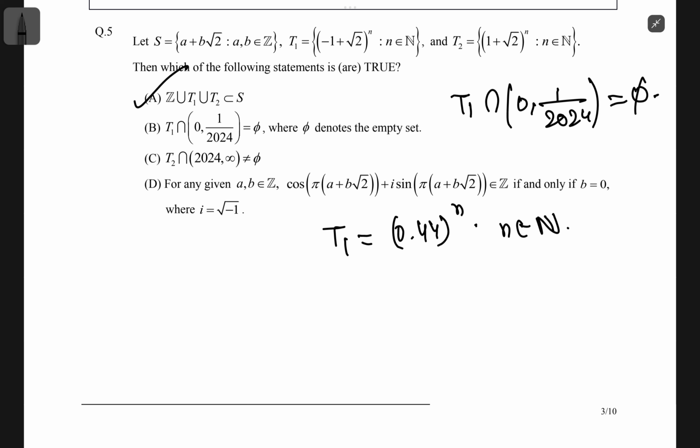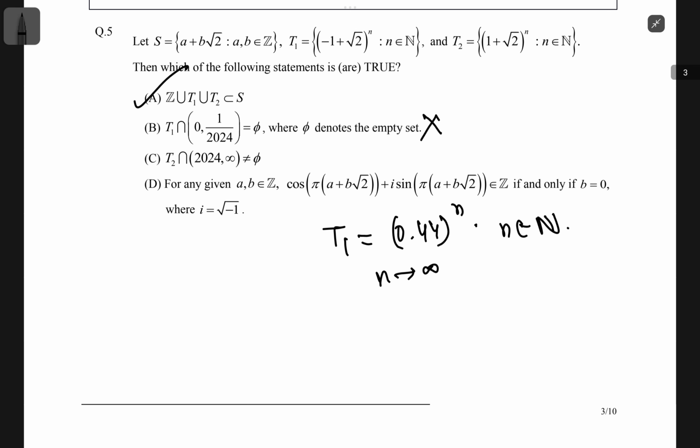Now the option is claiming that there is no element between 0 to 1 by 2024, but if you go till n tending to infinity, you would start to reach 0, and there are going to be infinite elements between these. So this is completely wrong, right? This should not be phi actually.